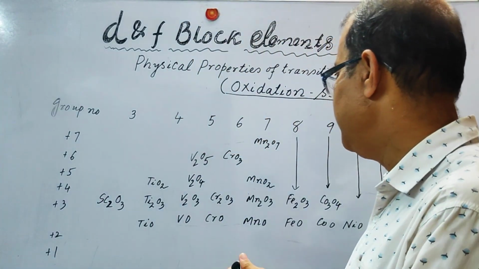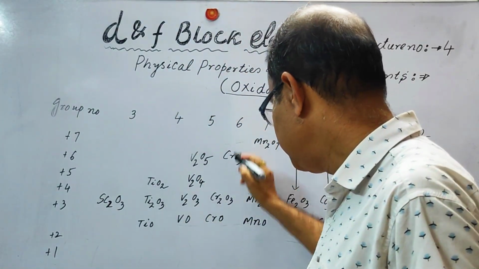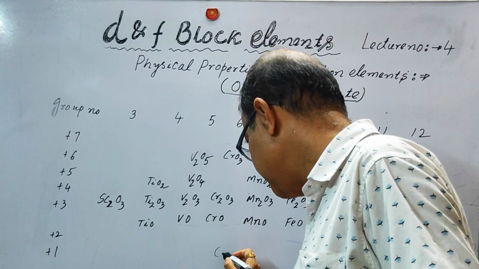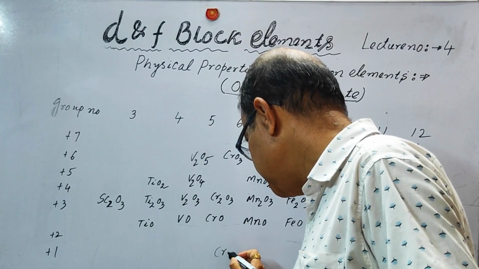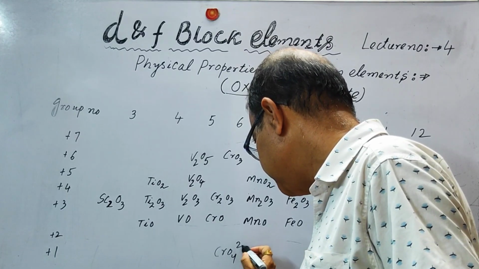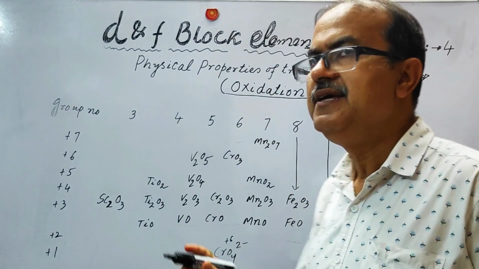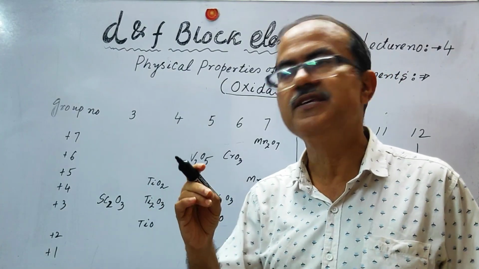As an example, in group number 6 is chromium. Chromium has its higher oxidation state in the dichromate, CrO4 2-, with oxidation state plus 6, but it acts as an oxidizing agent.